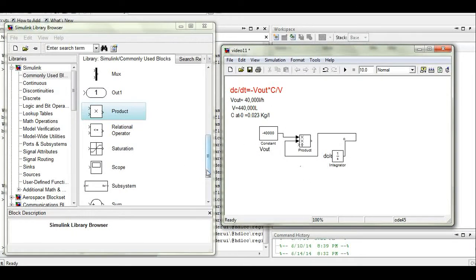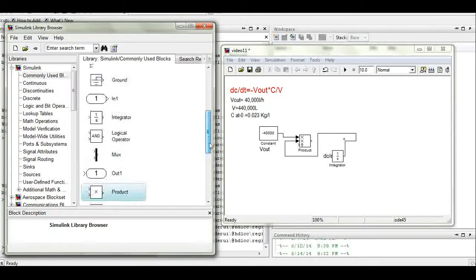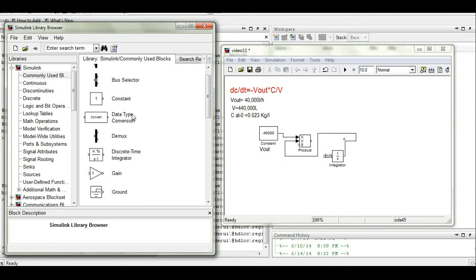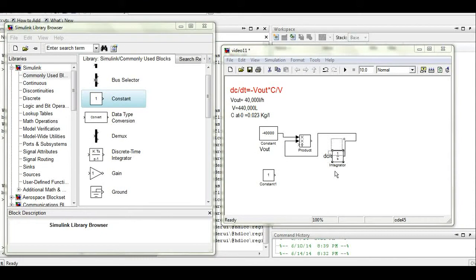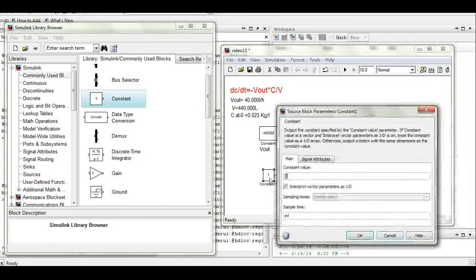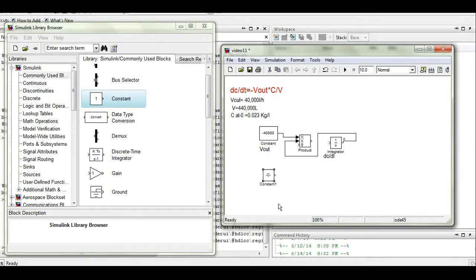So again, I will add a constant. We will enter the value of the volume, which is 440,000 liters. You can enlarge it to see the number. We will connect it to the division.